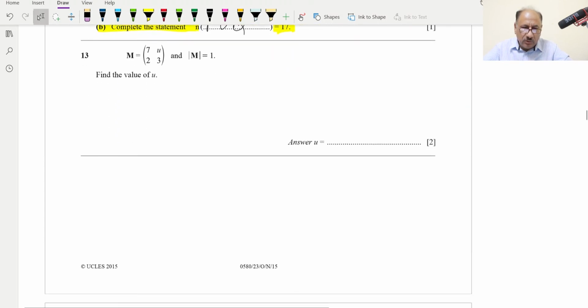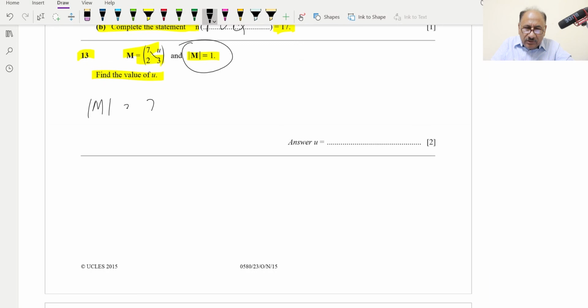Question number 12 is over. Now question number 13, it says m mod is equal to 1. So this statement is provided, m mod is equal to 1. Mod is a 7 multiple, so we'll find m mod. M mod is equal to 7 into 3 minus 2 into u, so 2u, and they are saying it is equal to 1.